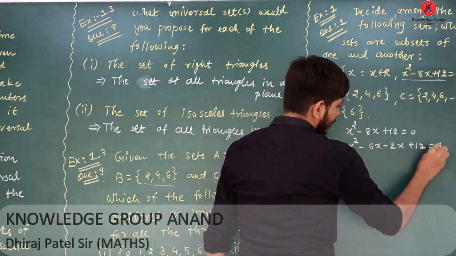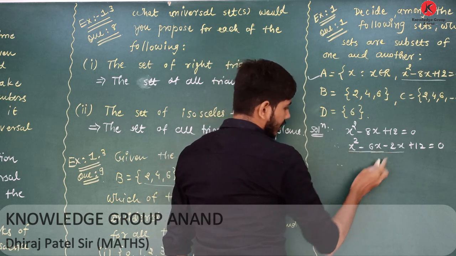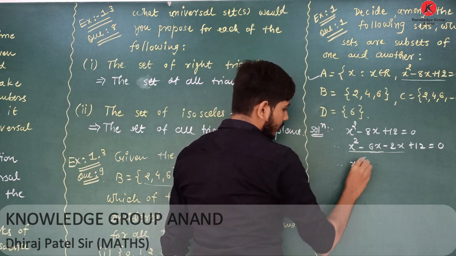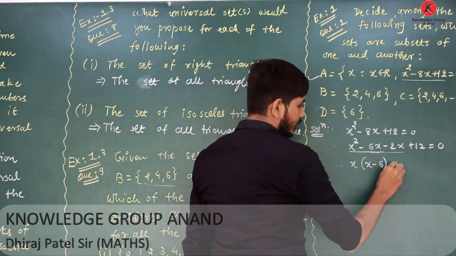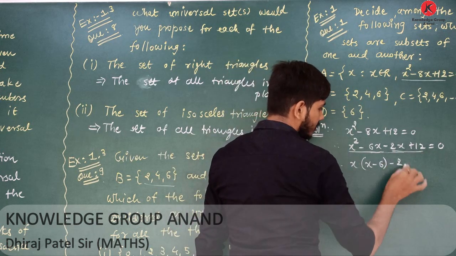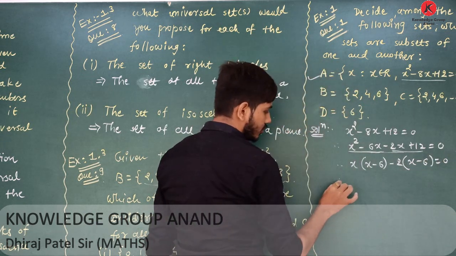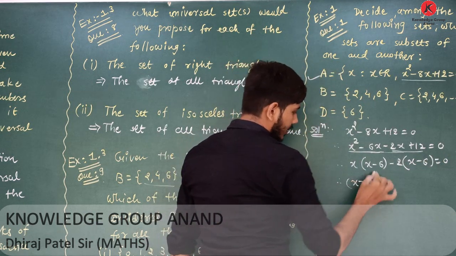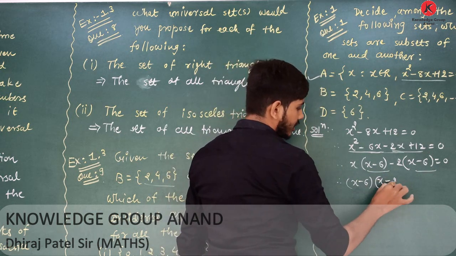Now take x common from the first two terms, the rest is x minus 6. Take minus 2 from the other two terms, the remaining is x minus 6, equals 0.